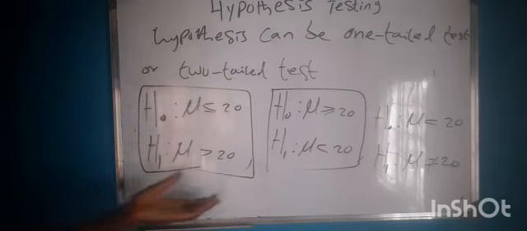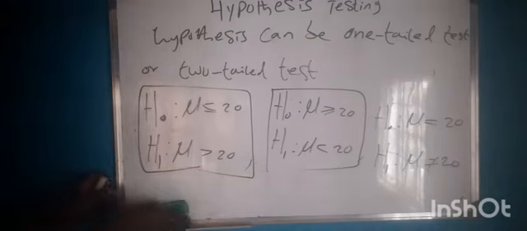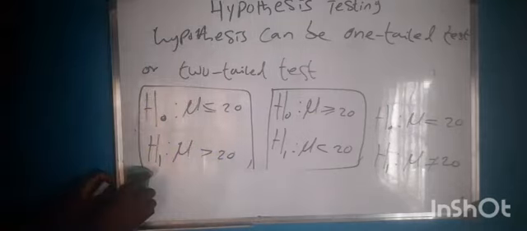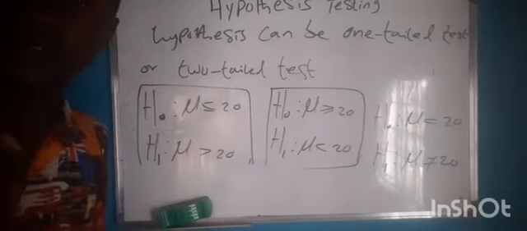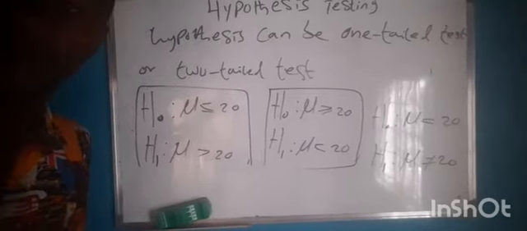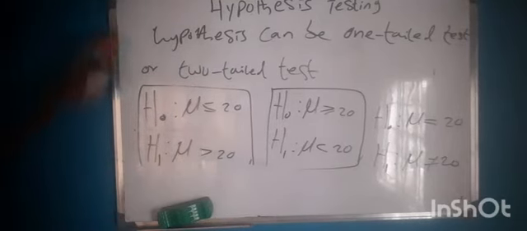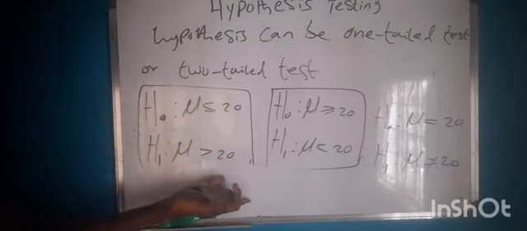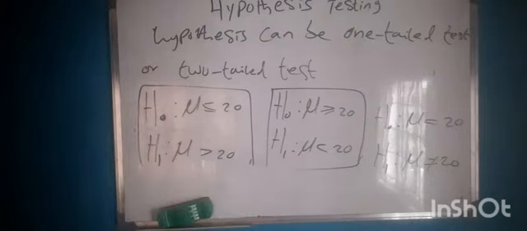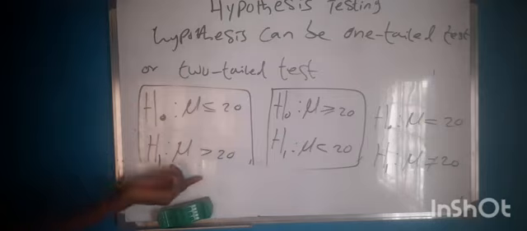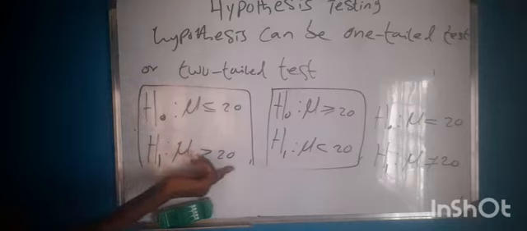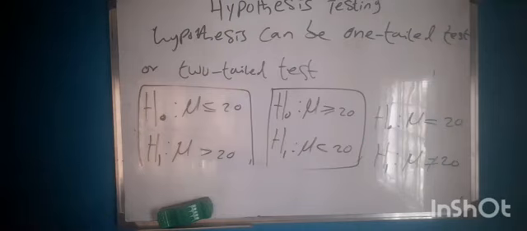Now, the benefit of hypothesis testing. Hypothesis testing is very important in research and in decision making because it provides an objective way of using sample data to determine whether a claim about a population is supported by evidence.